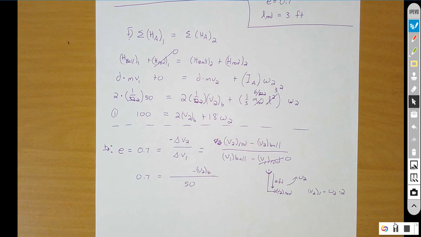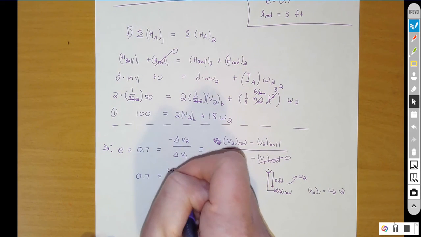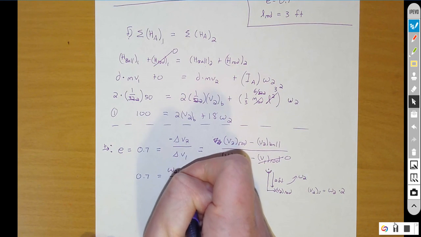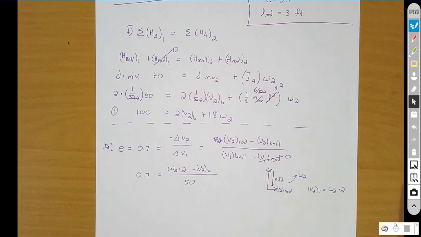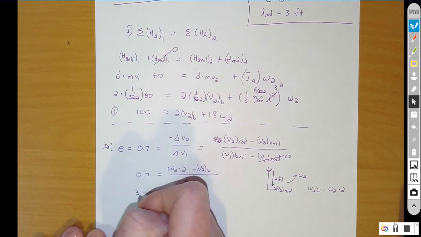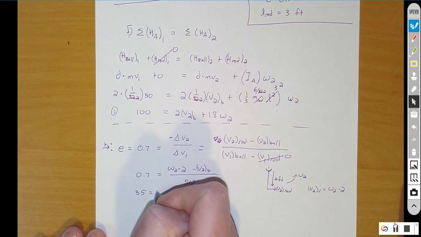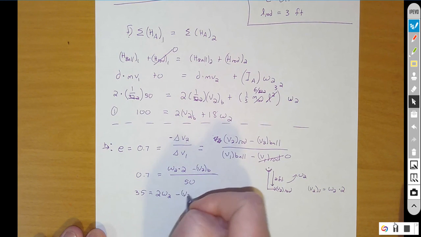And we are assuming this to the right, which matches what we've assumed already before, so no sign fixing needs to happen. So we will just put in an omega 2 times 2 here, so we don't create a new variable. Alright, so let's clean this up. I will get a 35 on this side equal to 2 omega 2 minus V2 of the ball.